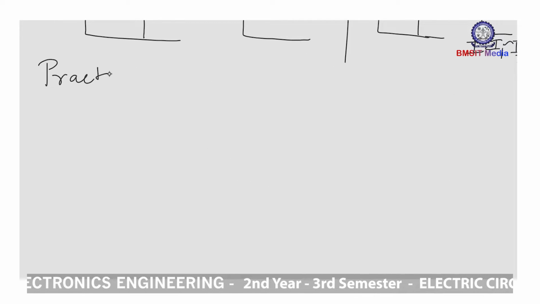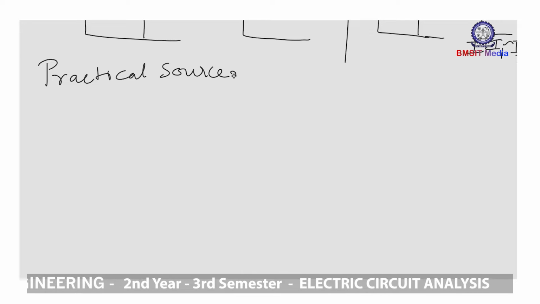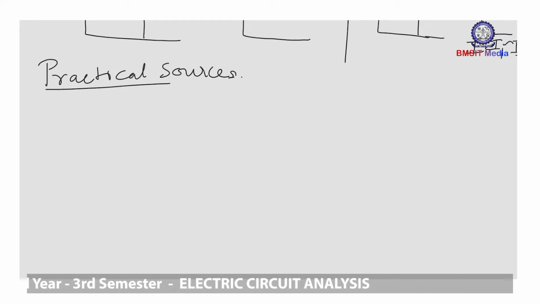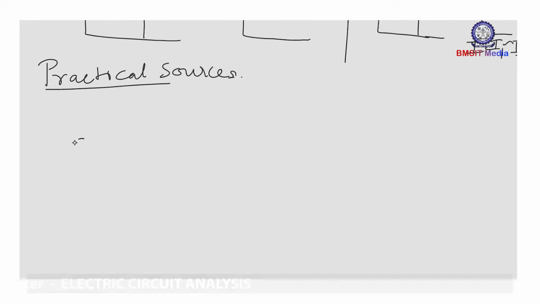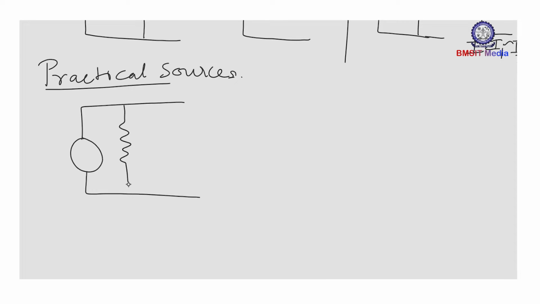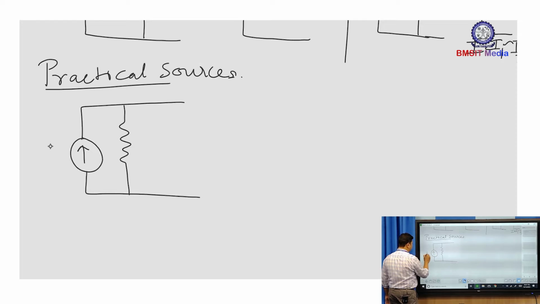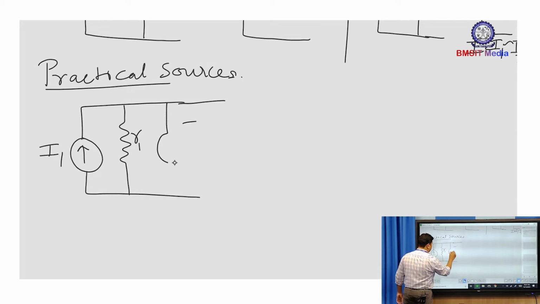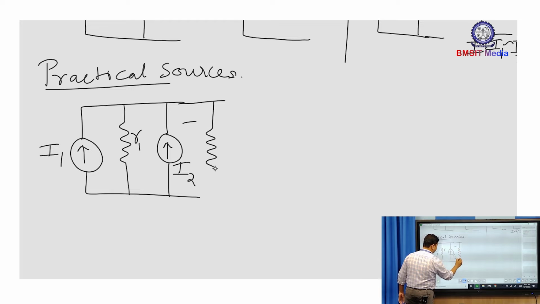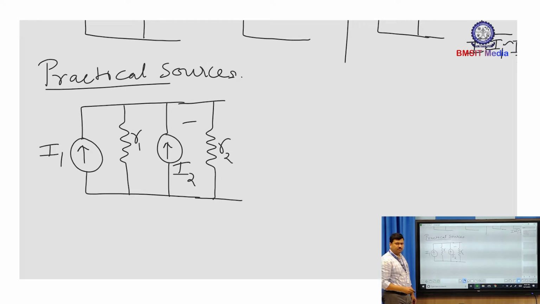So practical current sources come with internal resistance in parallel to the source value. Let the source value of the current be I1 with the internal resistance of R1 ohms. In parallel, there is one more current source of value I2 having internal resistance R2.